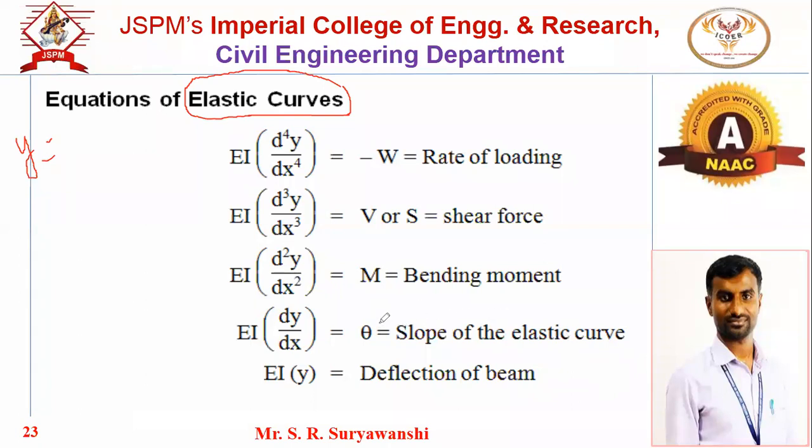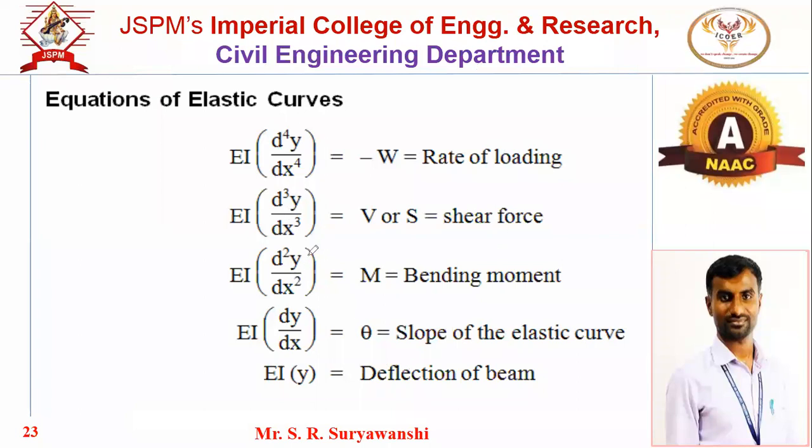And the unit of slope, as it is theta, what will be the unit of slope? It is an angle, so the unit will be degrees or radians. As per the standard case, after the calculation, the slope you get will be in radians.